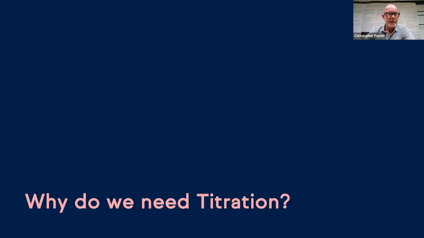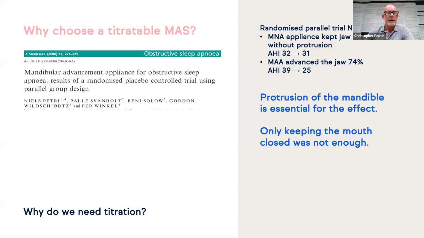Okay, so why do we even need titration? Why can't we just use a boil and bite that's not particularly adjustable? Okay, so this is looking at some evidence suggesting that protrusion of the mandible is essential for effect, and only keeping the mouth closed is not enough.